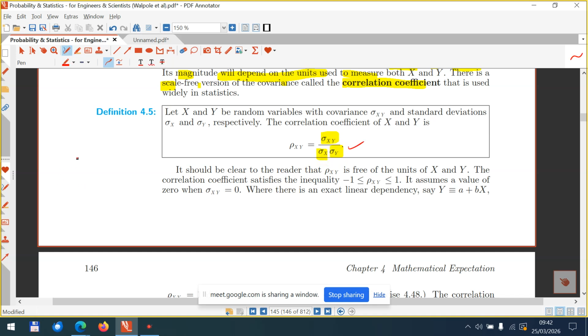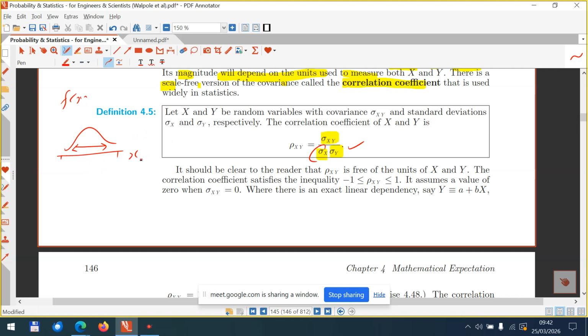Why does this get rid of the scale? It's very easy. If you have a distribution of x, f of x, so sigma x tells you how wide that distribution is. So it carries the scale. If it varies between minus 100 and 100, this will be roughly 200. If it varies between minus 1000 and 1000, this will be 2000.